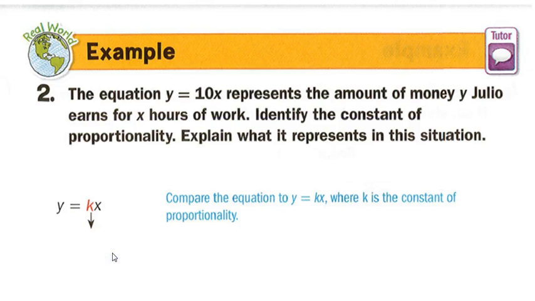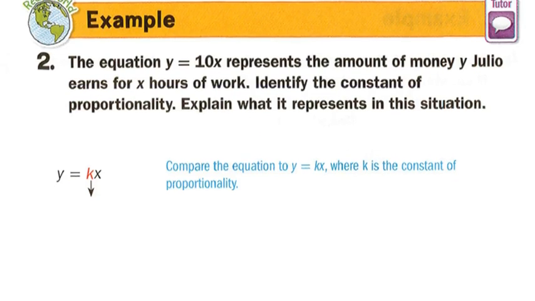So let's look at an example using that equation we talked about for direct variation, y equals kx. It says the equation y equals 10 times x represents the amount of money, represented by y, Julio earns for x hours of work. Identify the constant of proportionality. Explain what it represents in this situation.